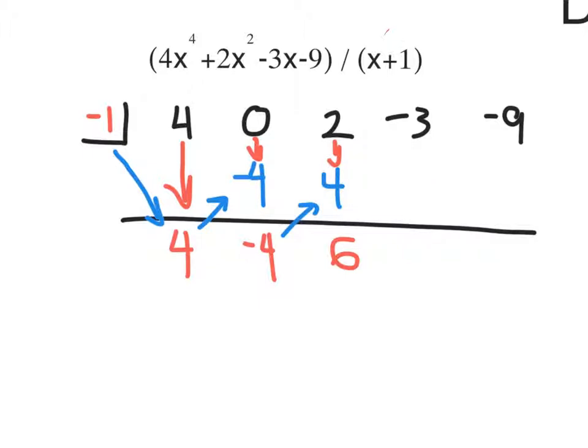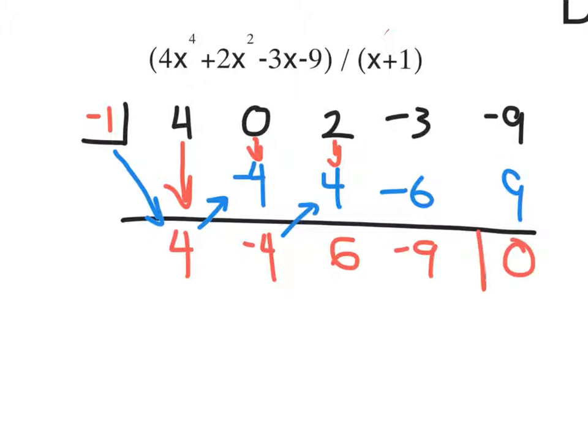Negative 6. And then when I combine the negative 3 with the negative 6, what do I get? Negative 9. And then when I multiply negative 1 times negative 9, what do I get? I get 9. And when I combine the negative 9 with the positive 9, I get 0.